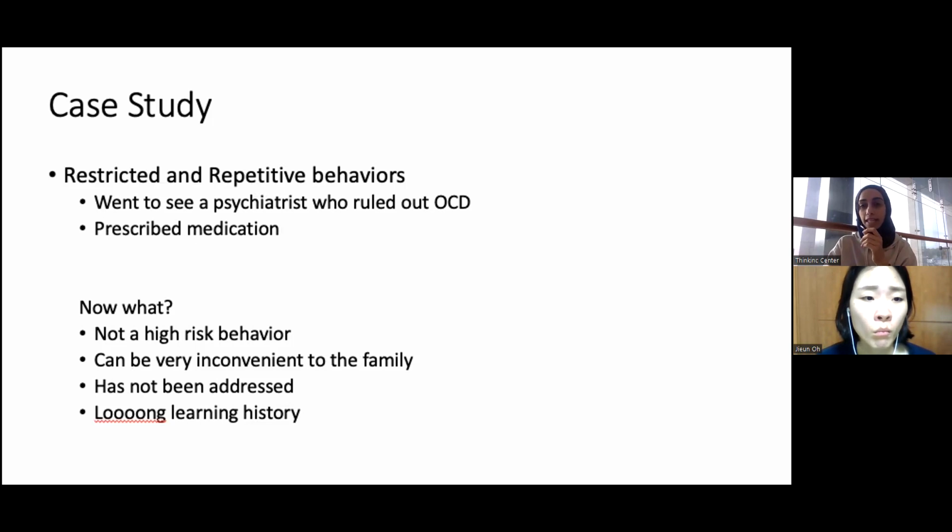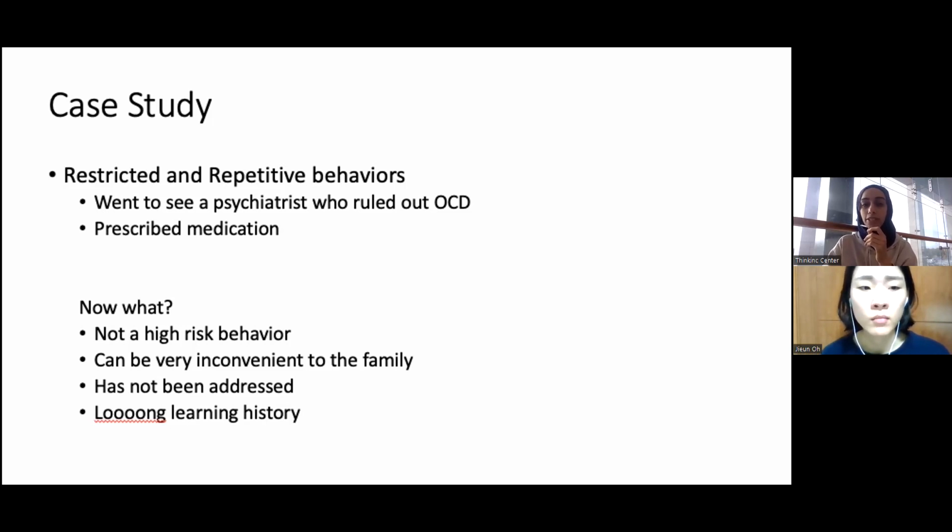But for me, as a behavior analyst, I'd never really addressed the behavior directly. The reason I'm doing this presentation today is that, given that this is my role and I've been with the family for a long time, I felt it was kind of a failure on my part to not have been successful with reducing these behaviors or helping the family with managing them.